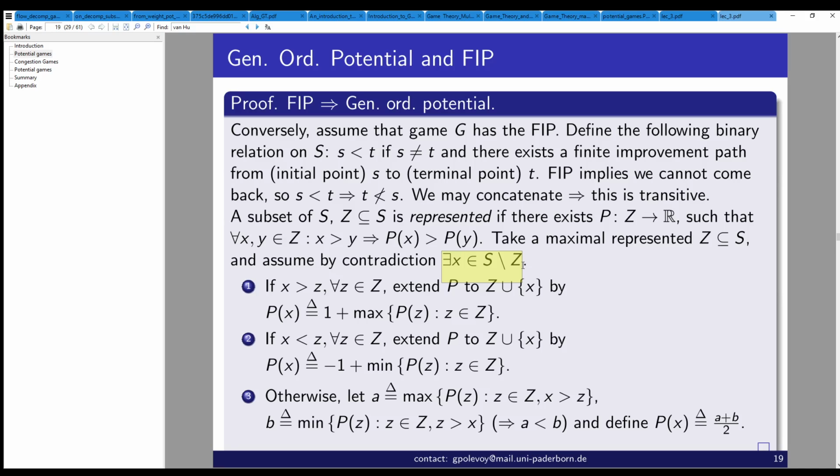If we prove that this is not the case, then it means that the only maximal such subset is S. By the way, there can be no case where no such Z exists, because any singleton is represented trivially. So there exists at least one maximal such subset, and therefore the argument is not vacuous. Okay, so then we want to show that the assumption that there is someone outside of this maximal represented subset leads to a contradiction.